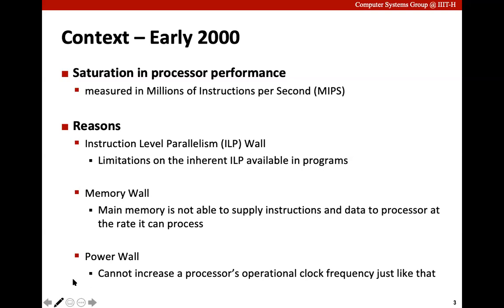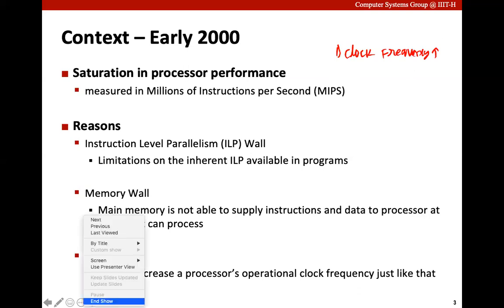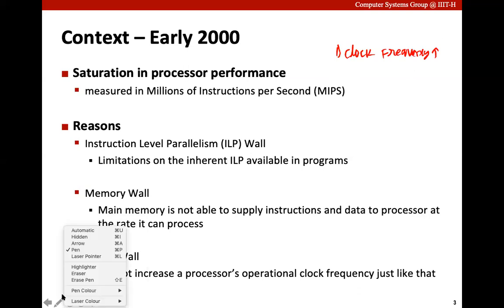So processor manufacturers were giving performance improvement through a couple of approaches. One is by boosting the clock frequency.